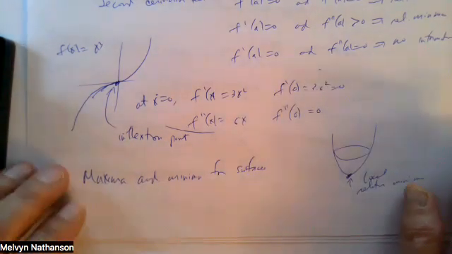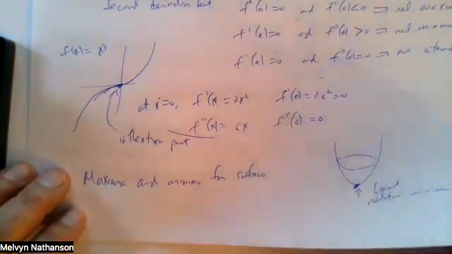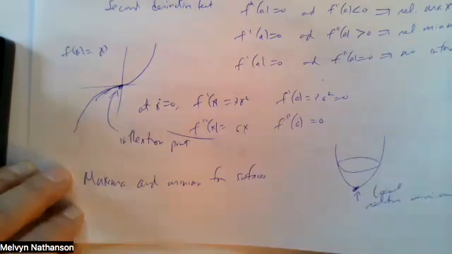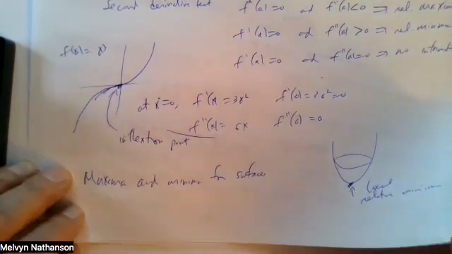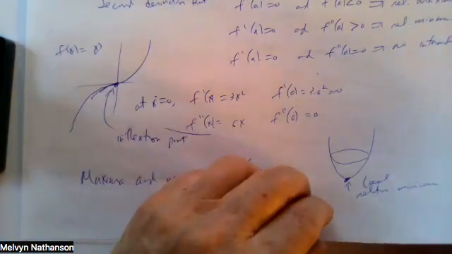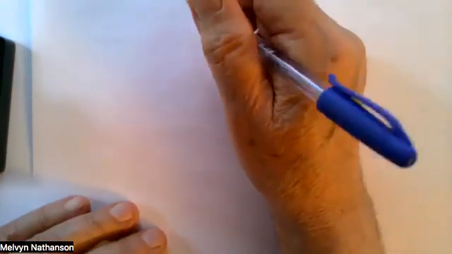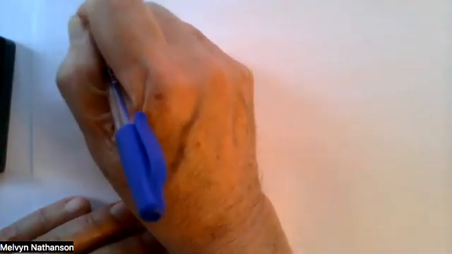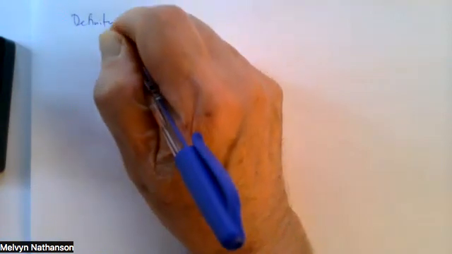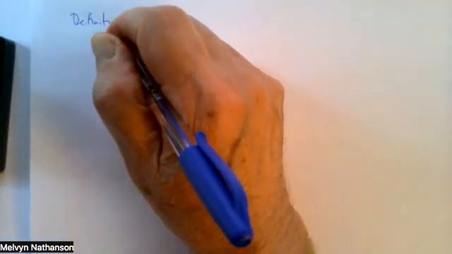So we have something very similar to the situation for functions of one variable that carries over to functions of 2 or 3 variables. So suppose we have a surface z equals f of x, y. What is the formal definition of a local minimum or a local maximum?